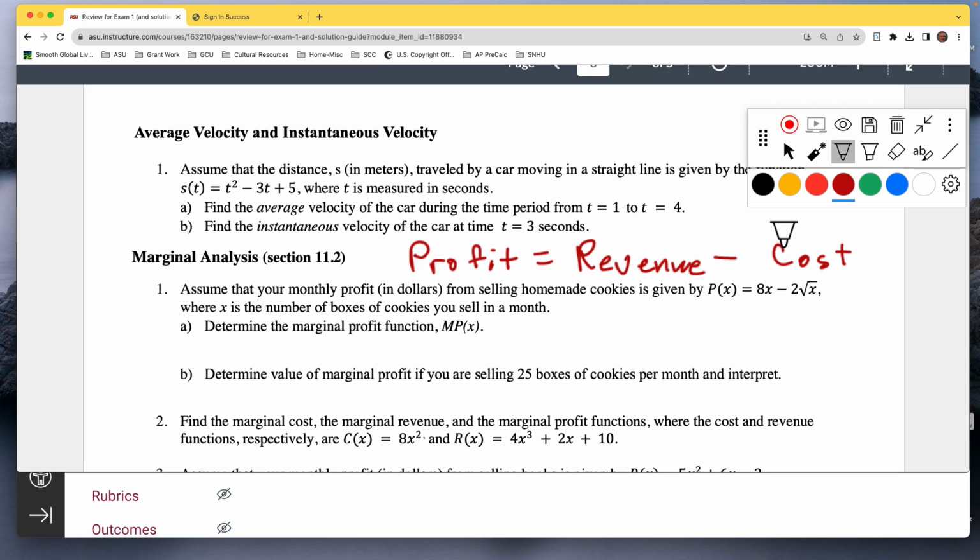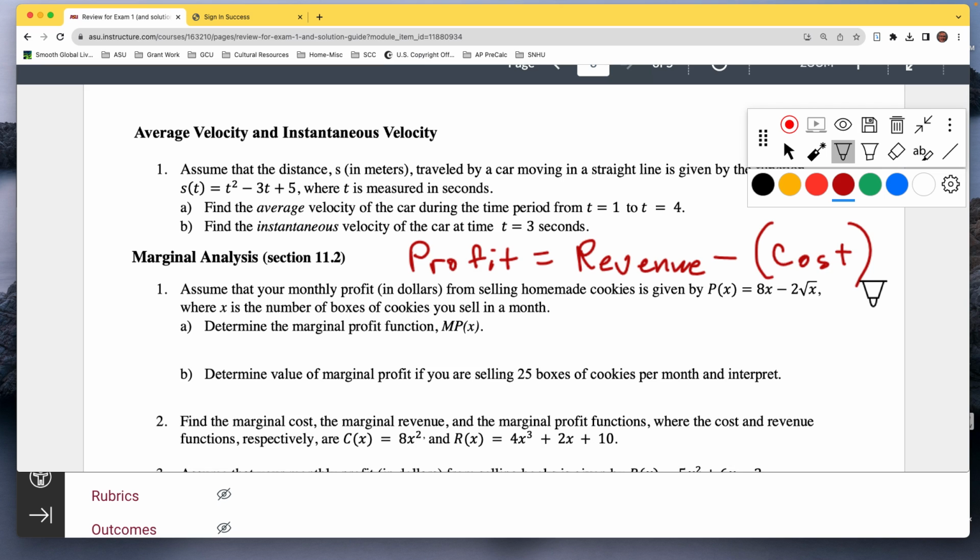And just be careful, sometimes cost is a complicated or longer equation. Remember to put parentheses because that subtraction, the whole thing gets subtracted. So it's got to distribute through. Parts of that cost function that were positive become negative, parts that were negative become positive. That negative has to distribute through.